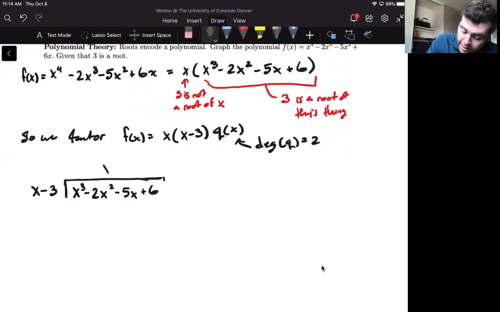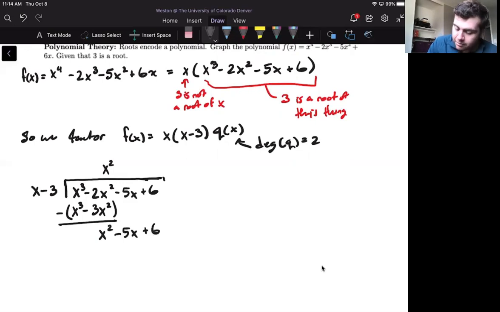So we're going to multiply x minus 3 by x squared, so that we get x cubed minus 3x squared. We subtract. And so then these x cubes cancel out.